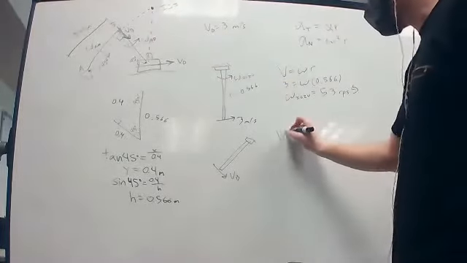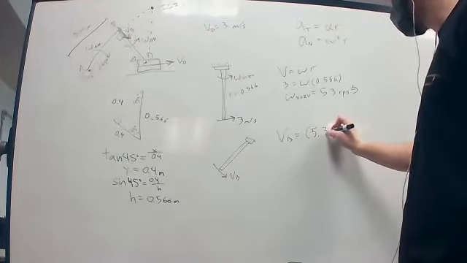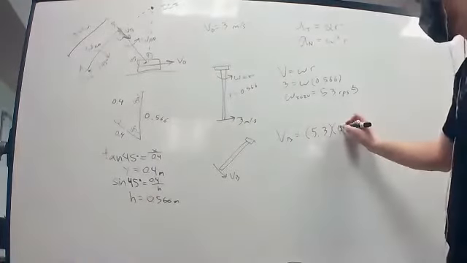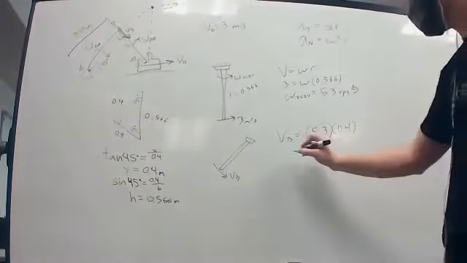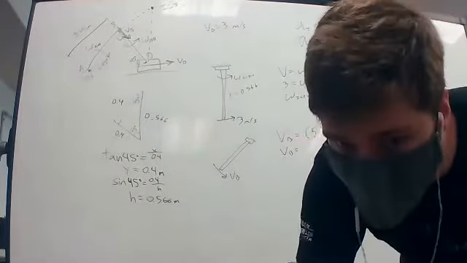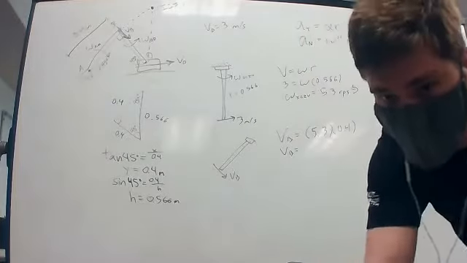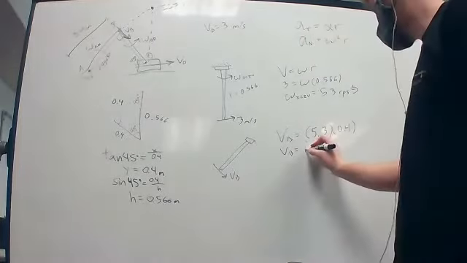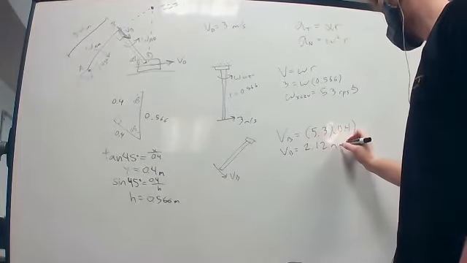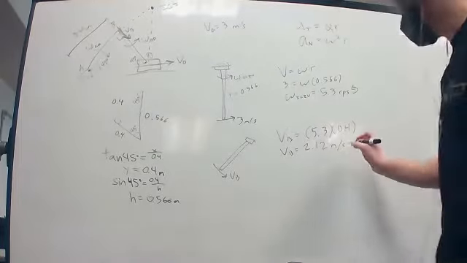So we can say VB is equal to 5.3 times the radius here, which is 0.4. So VB comes out to be 2.12 meters per second.